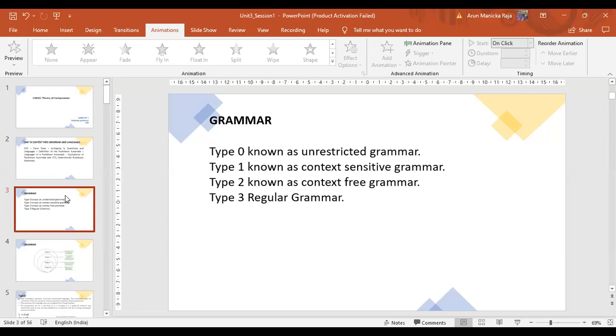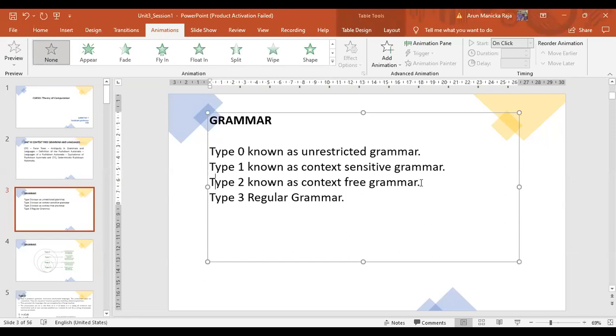Type 1 is known as context sensitive grammar, and type 2 is context free grammar. This is the grammar we are going to see in the third unit. Before that, we will go through what grammars are available in TOC and what the rules are. And type 3 is nothing but regular grammar. These are the 4 types of grammars.